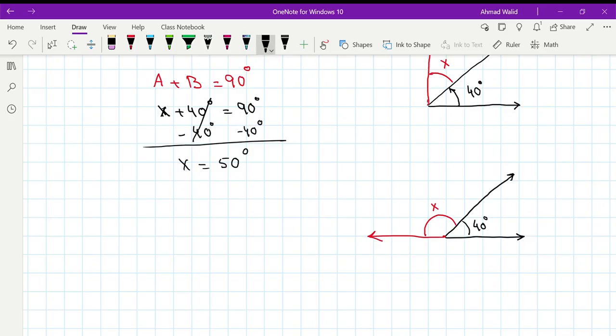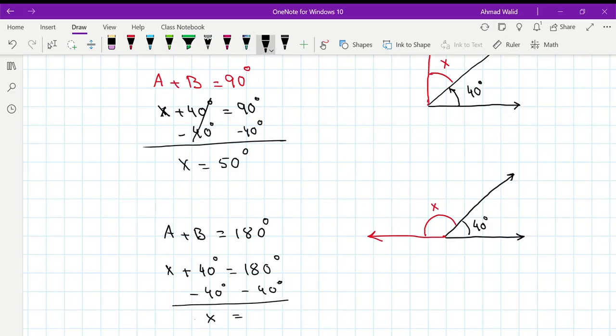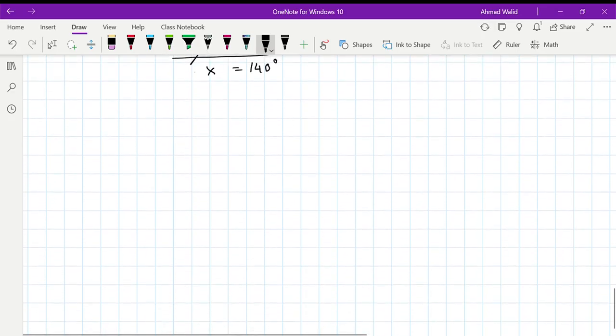I know the definition, A plus B should give me 180 degrees, then I can call them supplementary. Here it means X plus 40 degrees should give me 180 degrees. Again, subtract 40 from both sides. You can say X is equal to 140 degrees. It means the supplement of the 40 degree angle is a 140 degree angle. Correct?